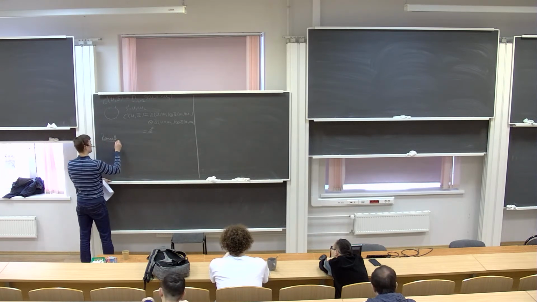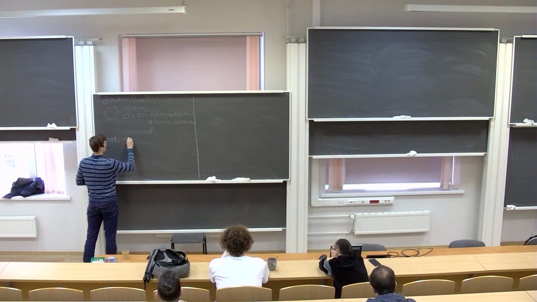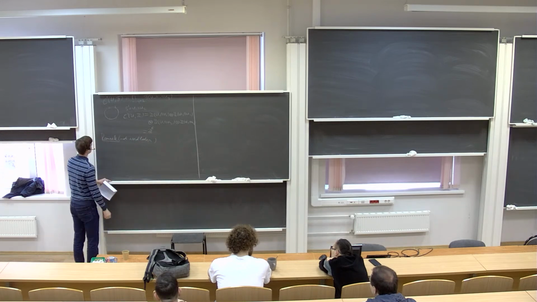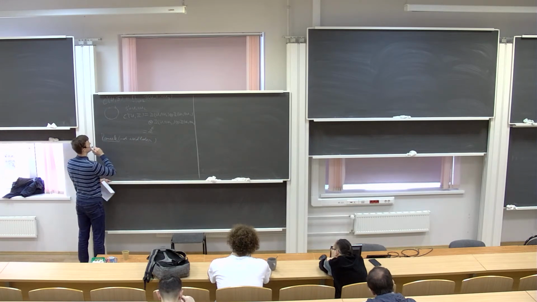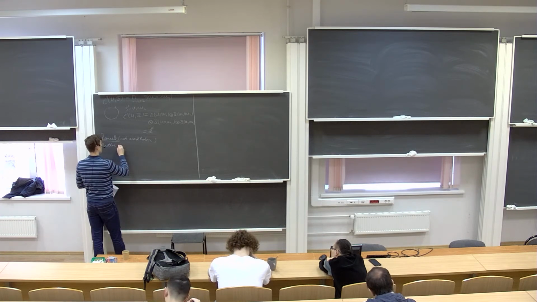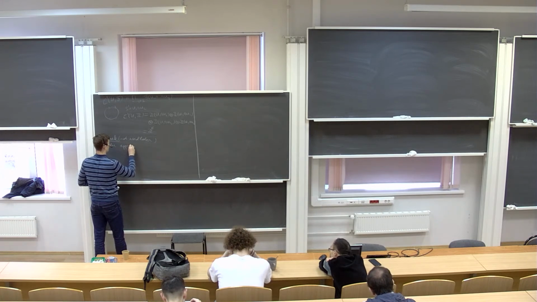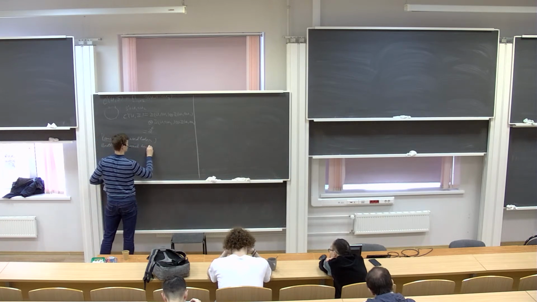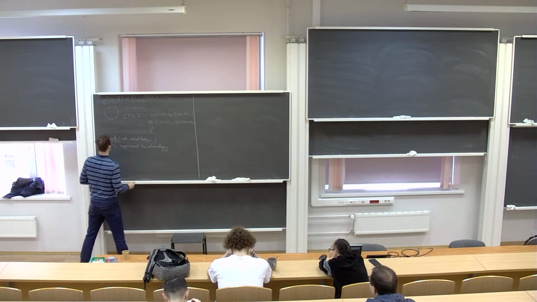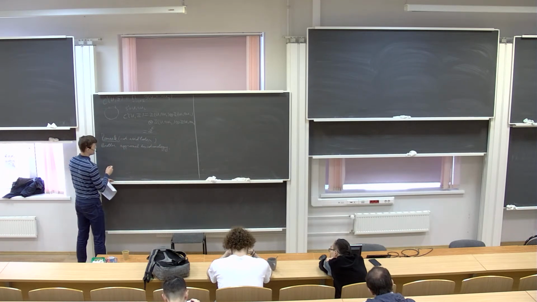Strictly speaking, it will not be used later, but it is good to know. So another approach to cohomology: one can define skew-symmetric cochains.